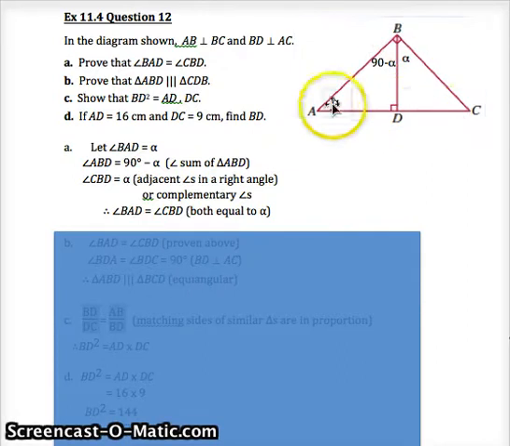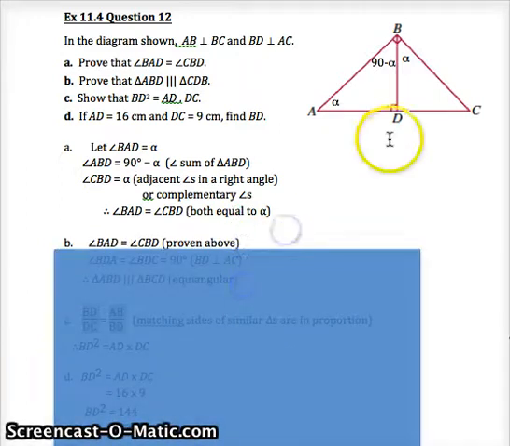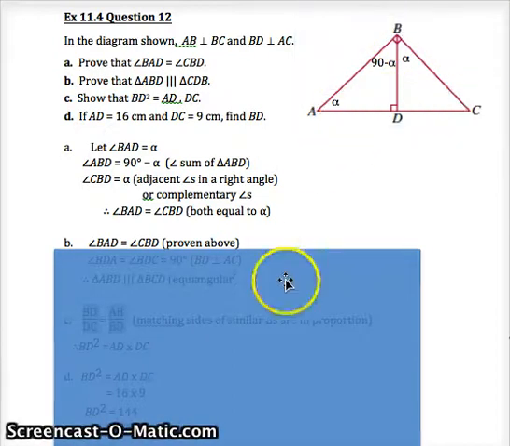Now, in those 2 triangles, we've already proven that these 2 angles here are alpha, so we can already see that angle BAD is equal to angle CBD because it was proven above. So we can write that in the first line of our working. We also know that angle BDA is 90, but also angle BDC is 90 because BD is perpendicular to AC.